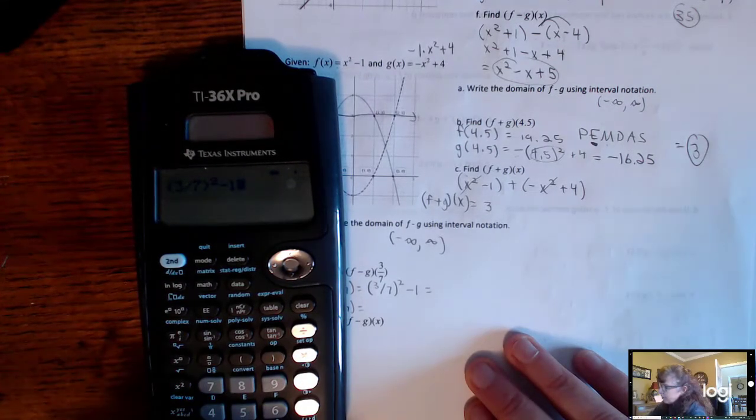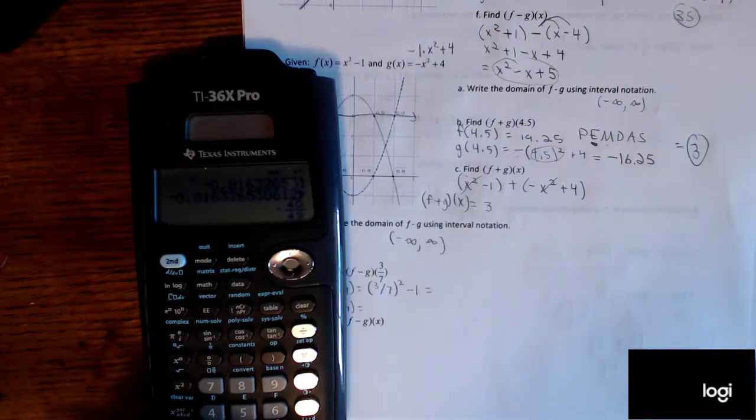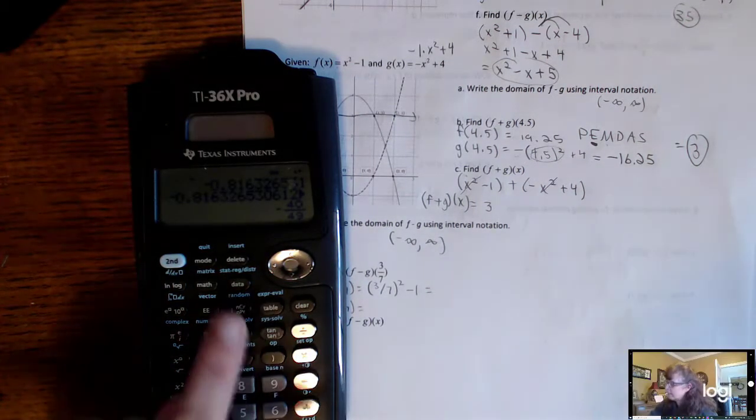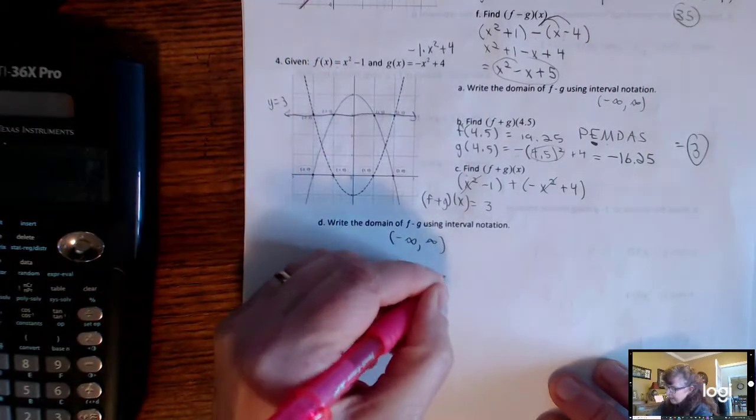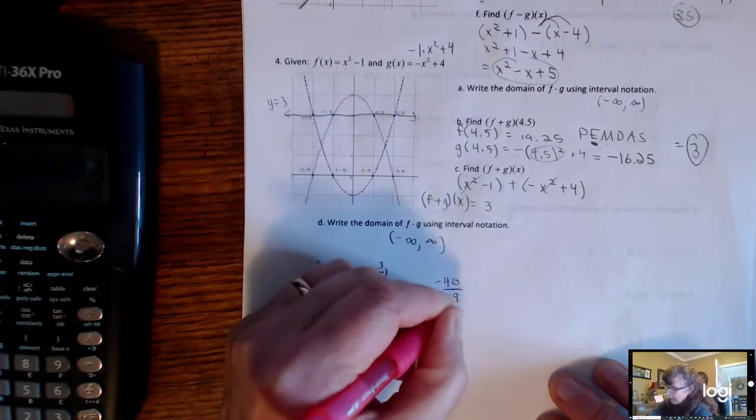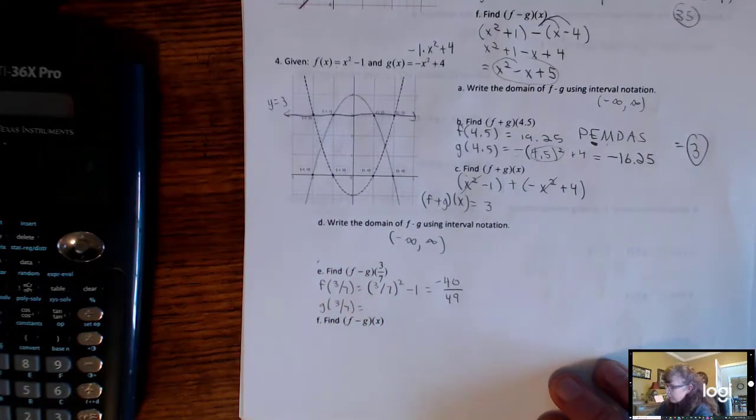And that's going to give me a really nasty decimal, I think. And so this is what the decimal would be, and if you hit the squiggle, it will turn it back into a nice fraction, negative 40 over 49. So now you know where the 49 came from because 7 squared was 49.